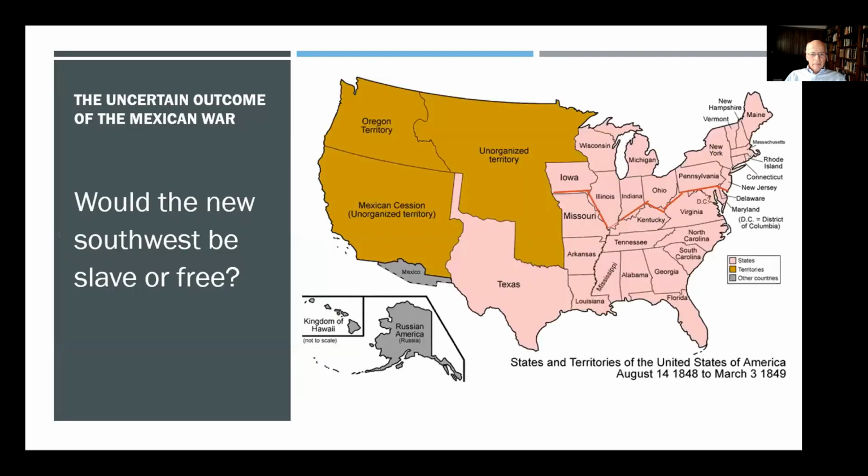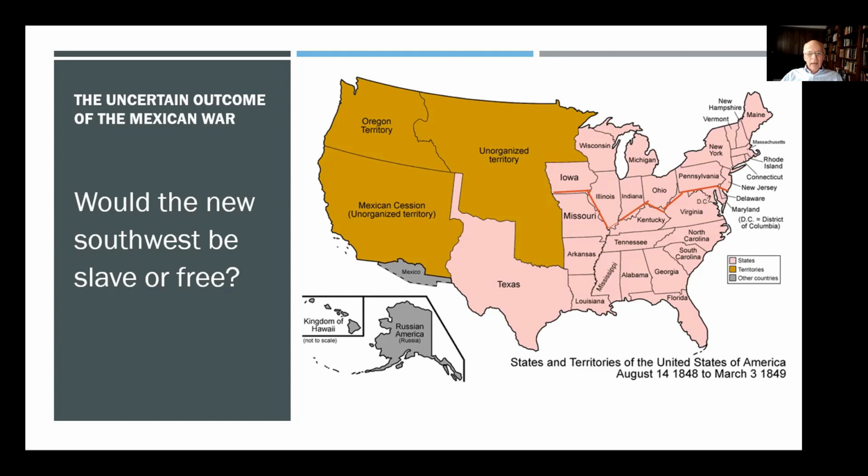Next slide. When the Mexican War stopped, this was the situation. Above that little red line you see on the right side is the free states in the north. Below that are the slave states, and Texas, you see, is huge. That's what Texas claimed.